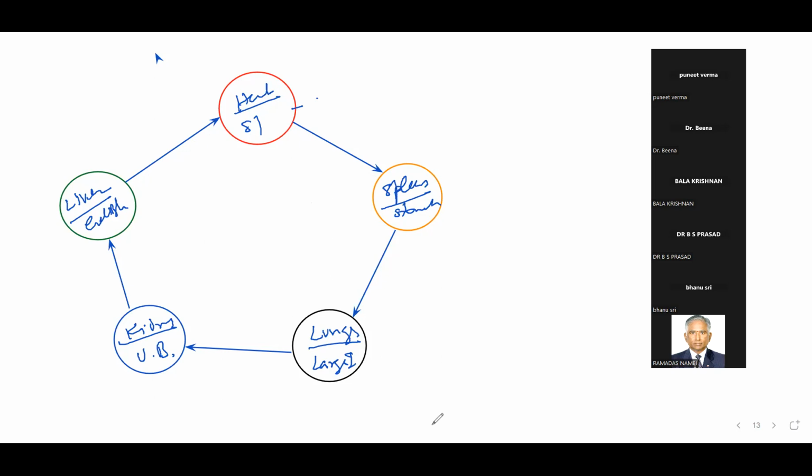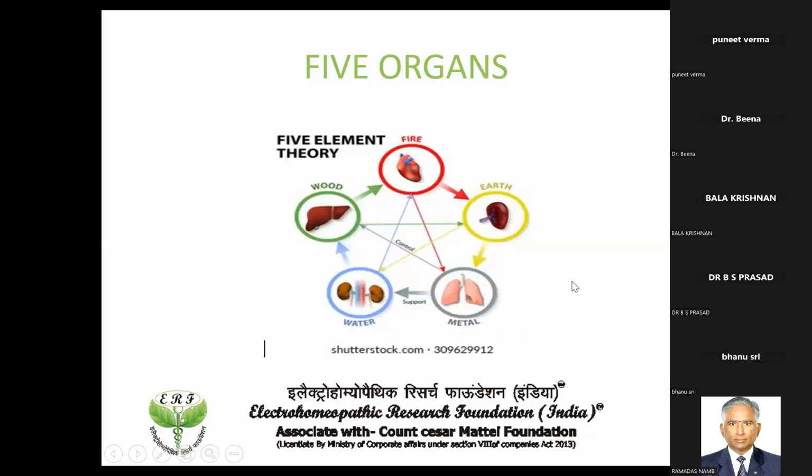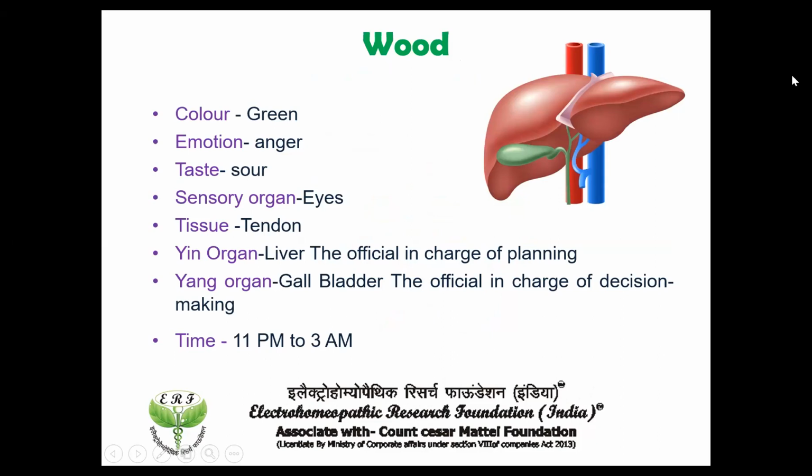You can easily understand which organ is being disturbed in our body. So first element is wood, and the color of this element is green.